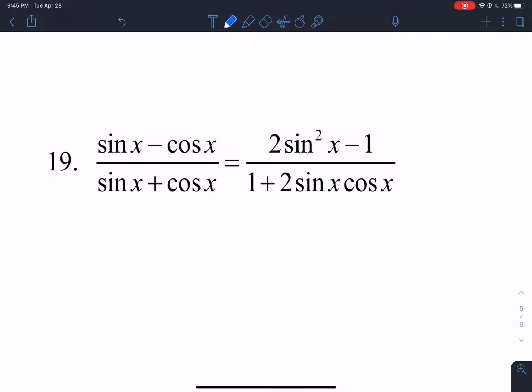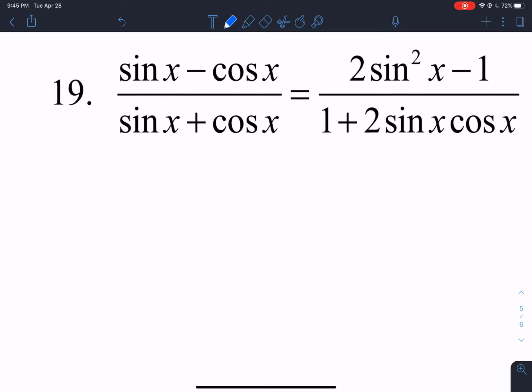Okay, number 19. I think you can probably do either side, all right?